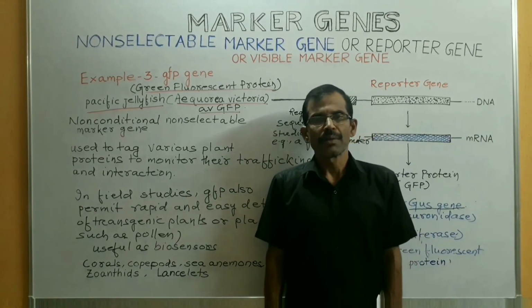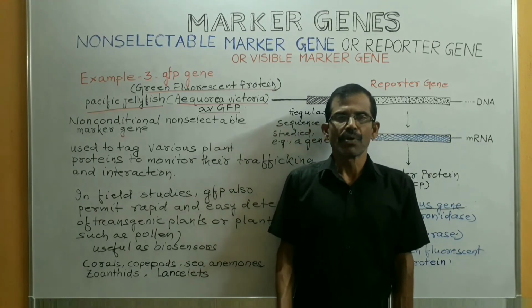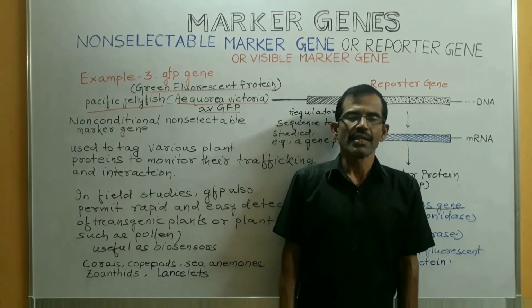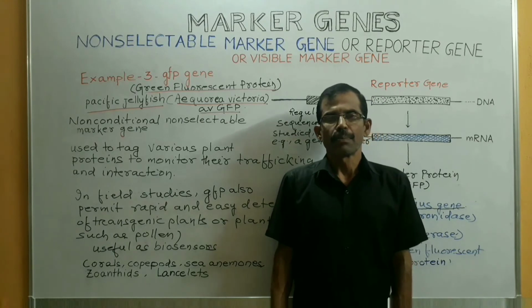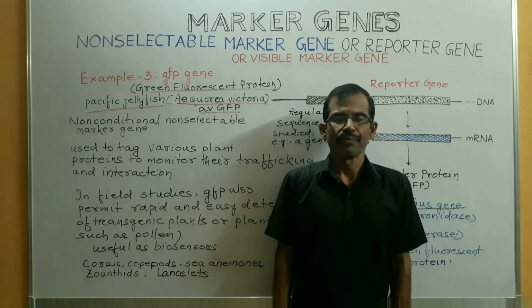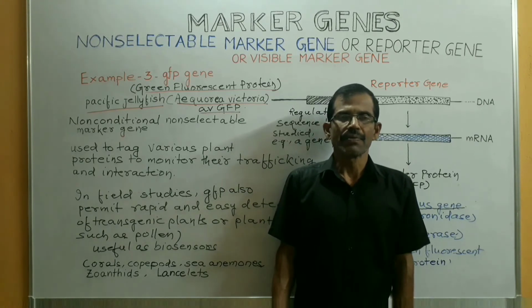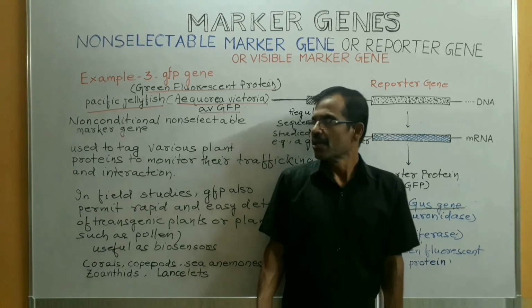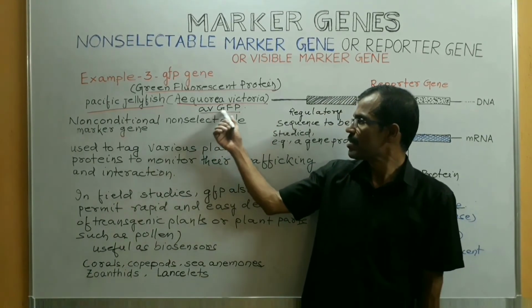The green fluorescent protein traditionally refers to the protein that was first isolated from the Pacific jellyfish known as Aequorea victoria, and it is known as avGFP.